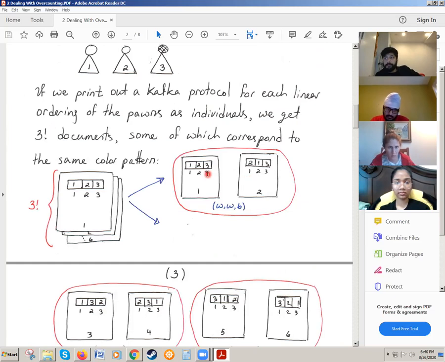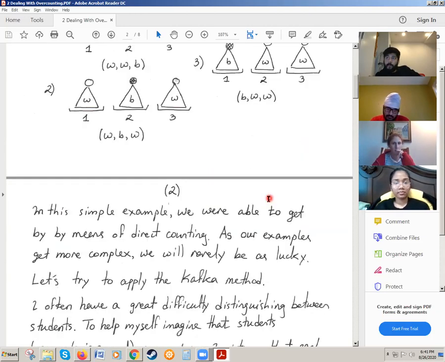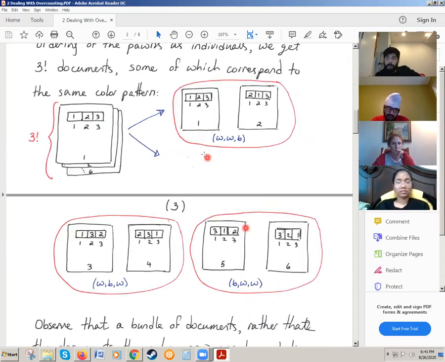Look at it. It worked here, correct? This is 6. 6 divided by 2 will give you 3, just like we had over here, 3. You understand why, right? So those 2 documents, this is 1 pile. They correspond to the same outcome. Another outcome contains 2 documents, another outcome contains 2 documents.